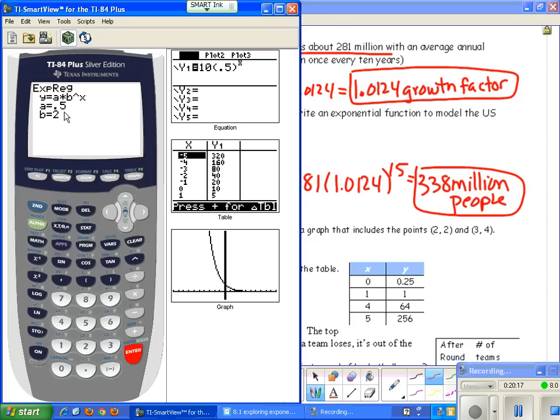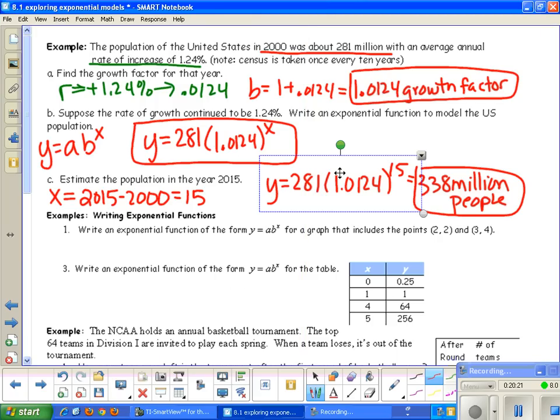Your a value is 1/2 and your b value is 2 in this equation. So let's write that in. Using ExpReg in our calculator, the equation would be y equals 1/2 times 2 to the x power. I know that my b value is equal to 2, so this graph is going to be exponential growth.